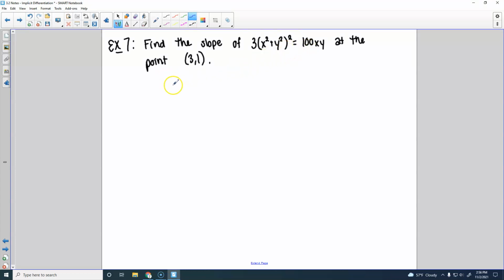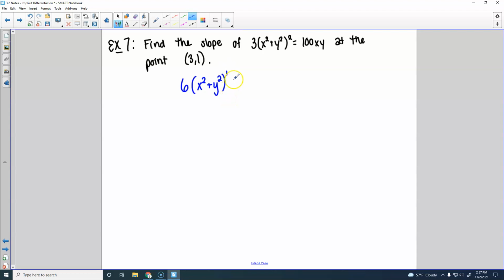Okay, tell us what to do, Thomas. Throw a 6 in front of that because it's 2 times 3. And we're going to get the parentheses x squared plus y squared. It just stays because it subtracts 1, correct? Right, so you can put a 1 there, but you don't have to.